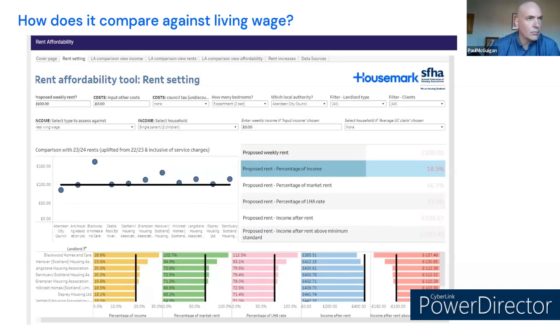It's still a single parent with 2 children, but you can see there in terms of at £100 a week rent on the real living wage, what percentage of income would be getting used in terms of paying for rent. So you can model everything. You can model people who are working, people who are not working, pensioners, different family types. It's all there in terms of the modeling that you can do.